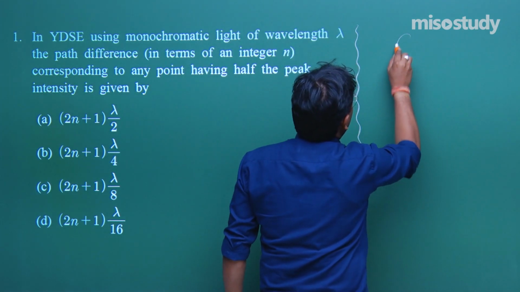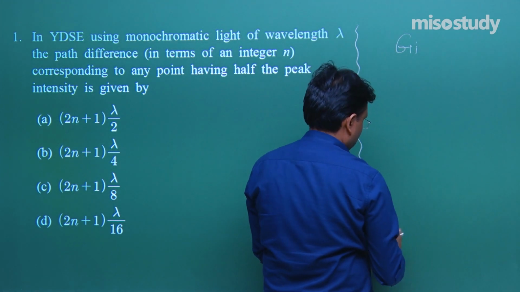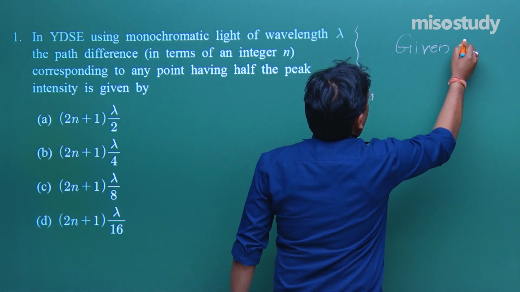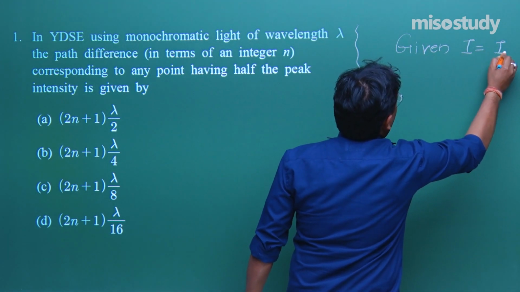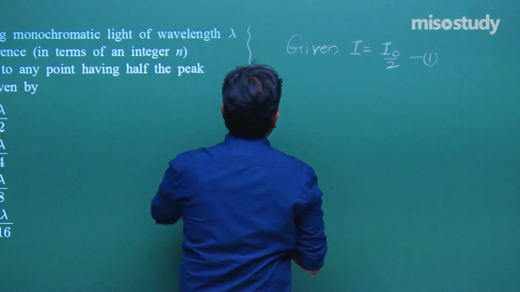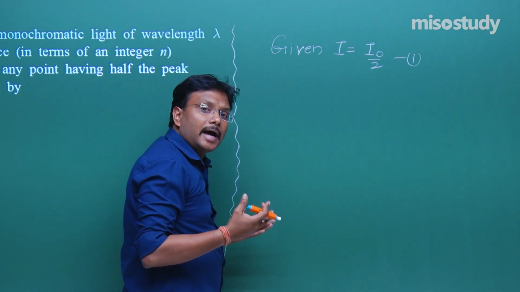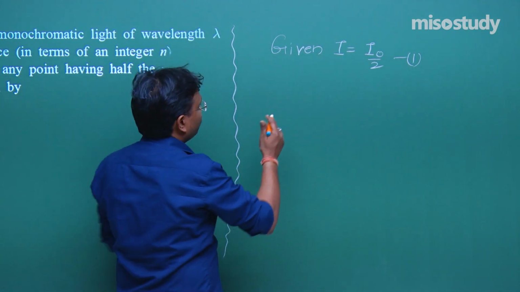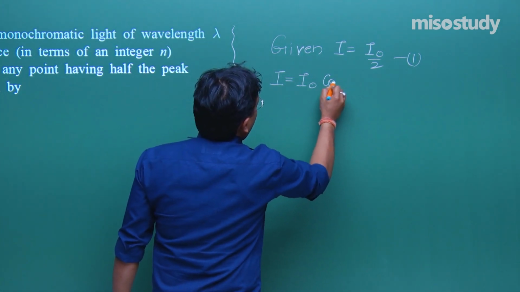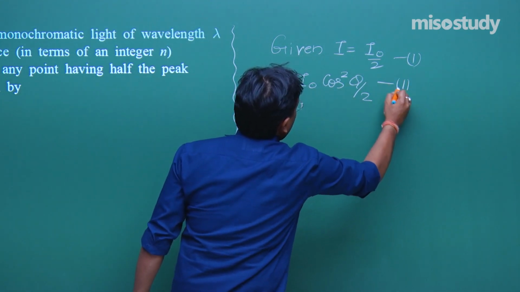First, given: I is equal to I naught by 2. Let us say this is equation number 1, because it is given in the problem. Then another formula which I mentioned: I is equal to I naught cos square phi by 2, equation number 2.